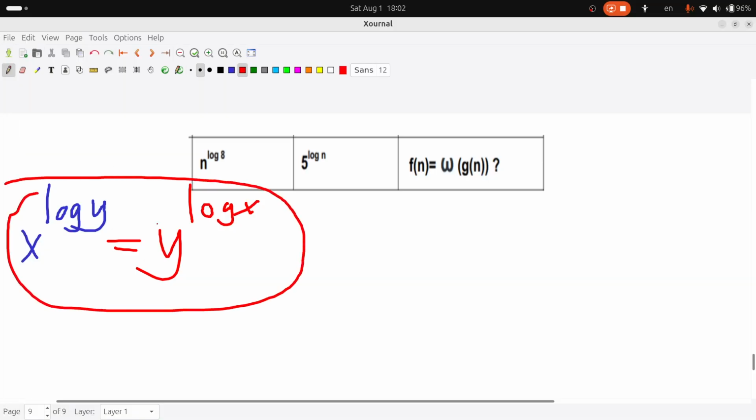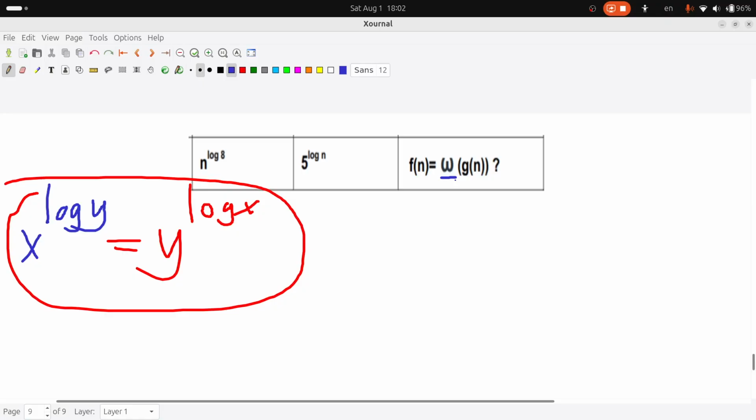This is important for this problem. And for the omega proof method, we can use the same approach as little o. This is the little omega notation.